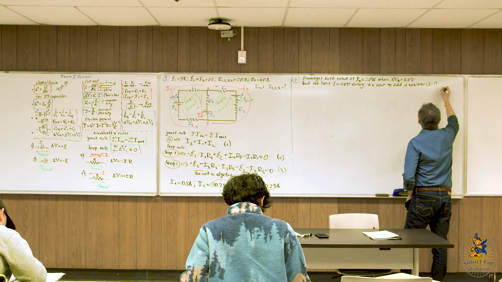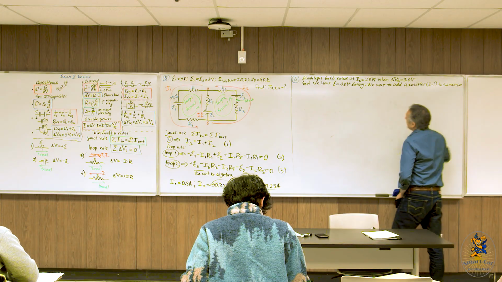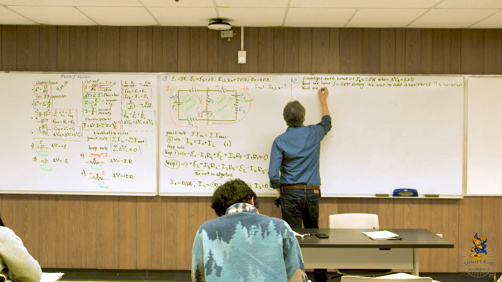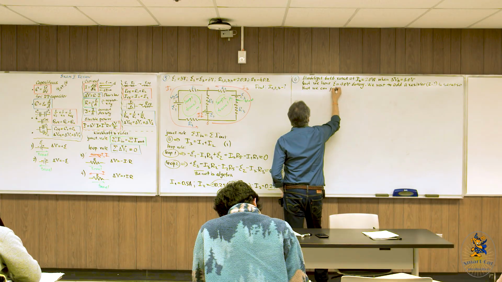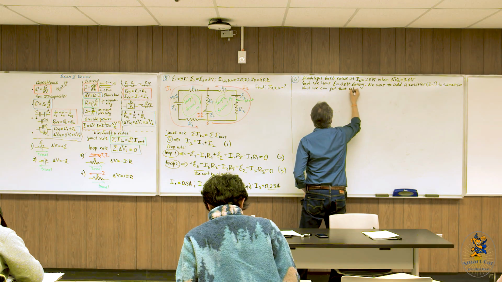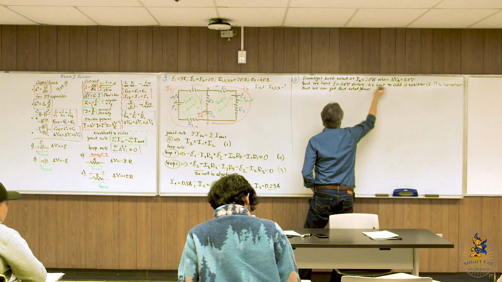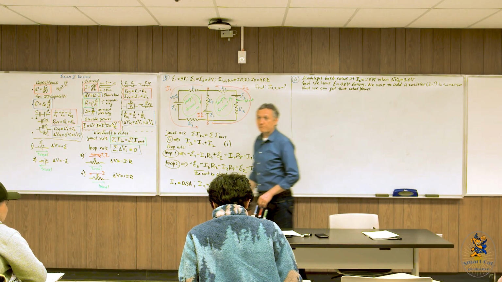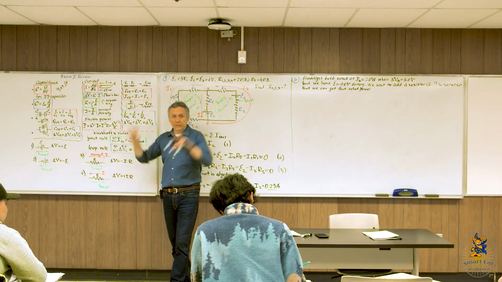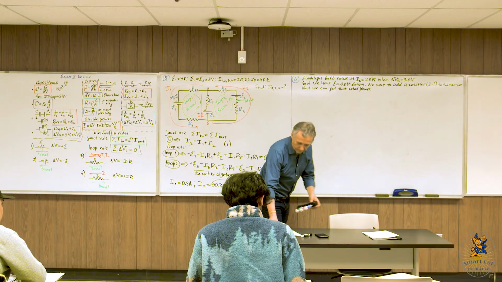We want to add a resistor in series so that we can get that rated value, and of course potential difference. So we want to operate the bulb at the required conditions. Okay, so let me draw the circuit.